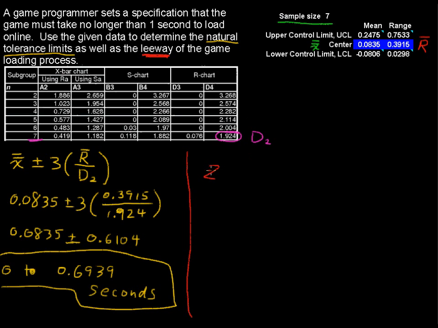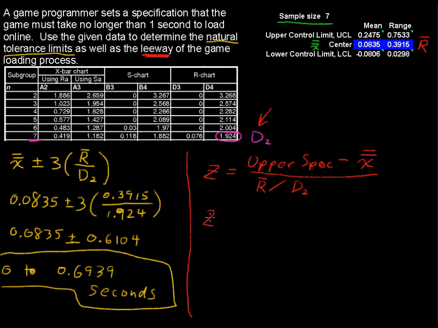So the z value equals the upper or lower spec. I'm just going to deal with the upper spec because, again, we're not going to go in the negative time frame. So the upper spec minus the mean of the means, all over the mean of the ranges divided by this d sub 2 again, this number.